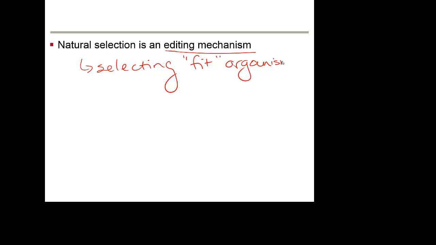We'll look at natural selection as being strictly an editing mechanism. So it's selecting for the fit organisms. And if we talk about organisms being fit as the ones that survive and reproduce, natural selection is guiding evolution, guiding these changes in populations over time.